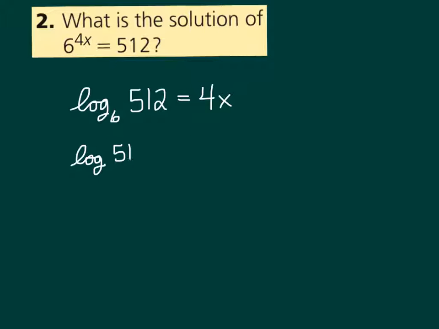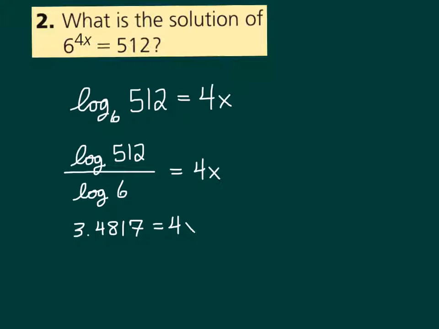So it's going to be log of 512 over log of 6 equals 4x. So we get 3.4817 equals 4x. Divide each side by 4. We get that x is 0.8704.